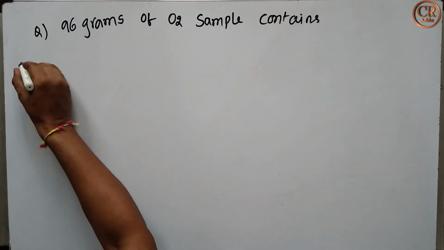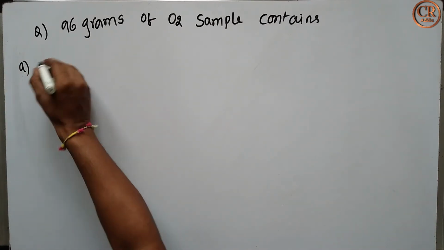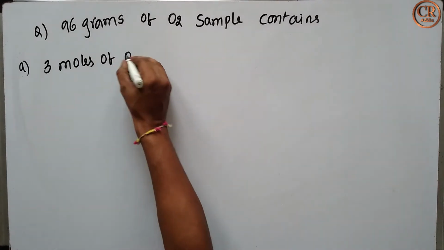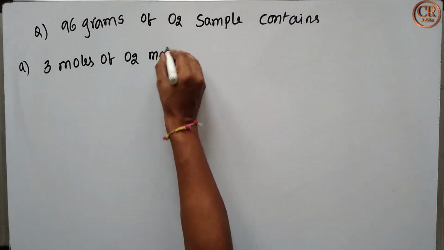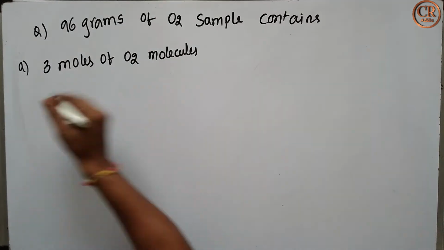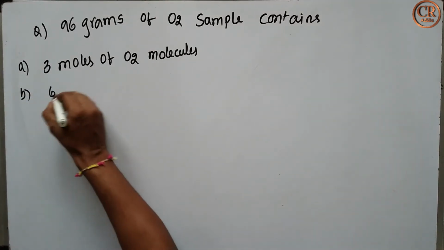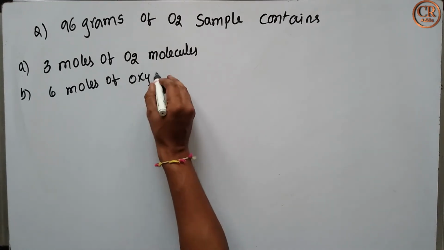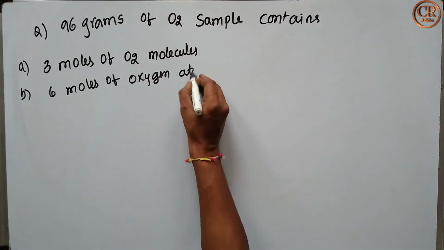Option A, I am giving here: 3 moles of oxygen molecules. B: 6 moles of oxygen atoms.